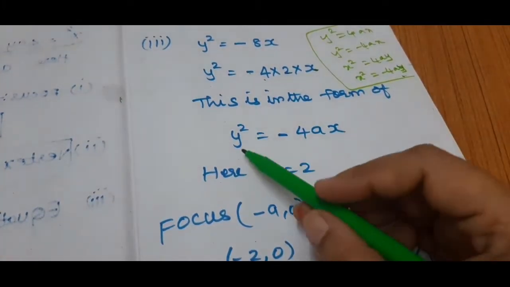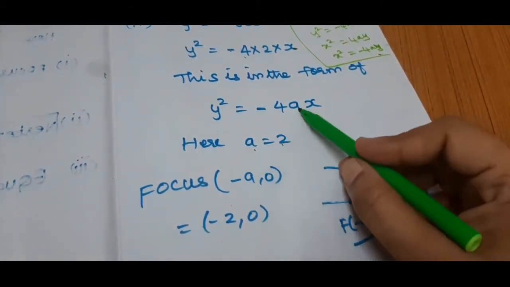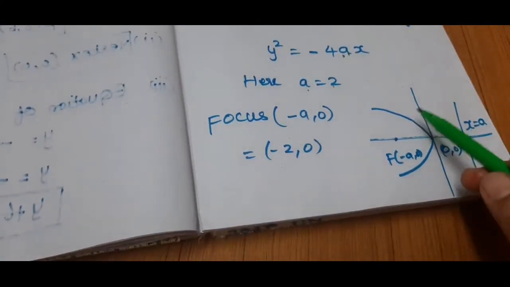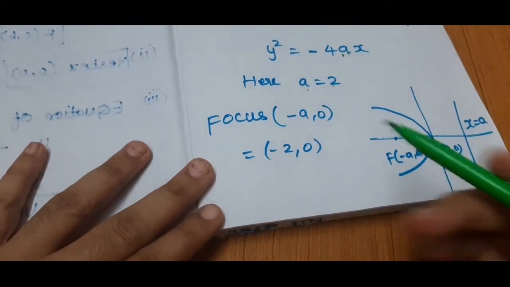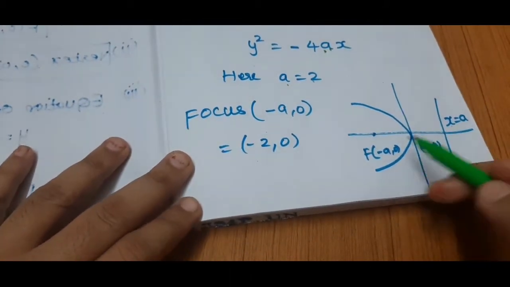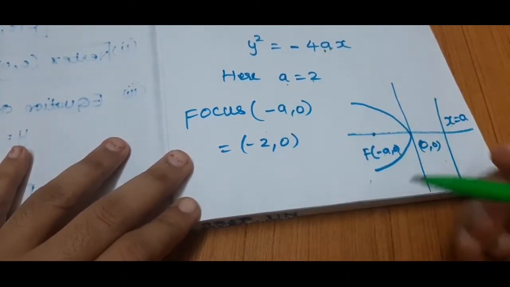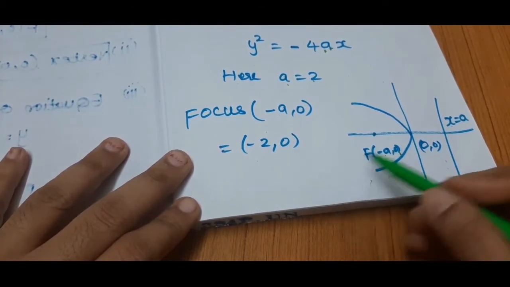So this is in the form of y square is equal to minus 4ax. Here in the place of a you have 2. This parabola will be like this, that is, it is on the left side of the x-axis. Therefore, the focus will be minus a comma 0, because on the left side of the x-axis the coordinates will be on the negative side.